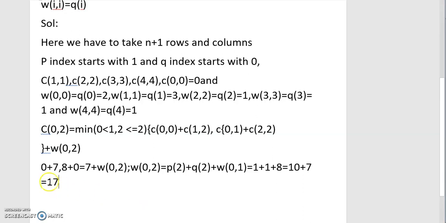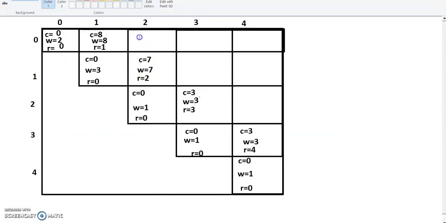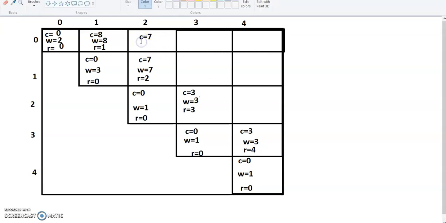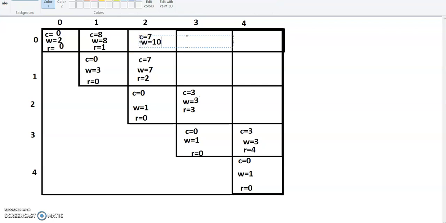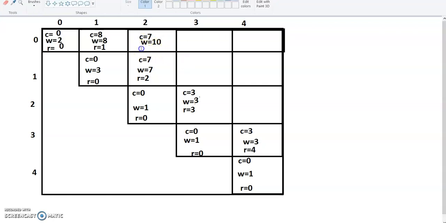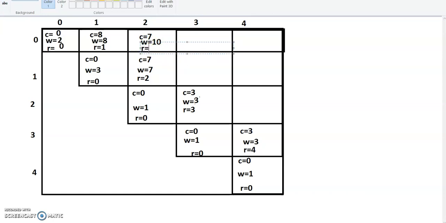But we have to take only the minimum value, because where the minimum value came, that value should be taken as K. By using 1 as K, we got the minimum value as 7, so we have to take that only. So C equal to 17, W equal to 10, R equal to K value, that is 1.